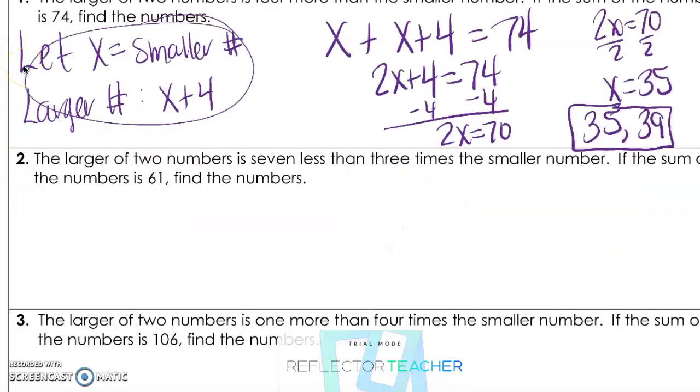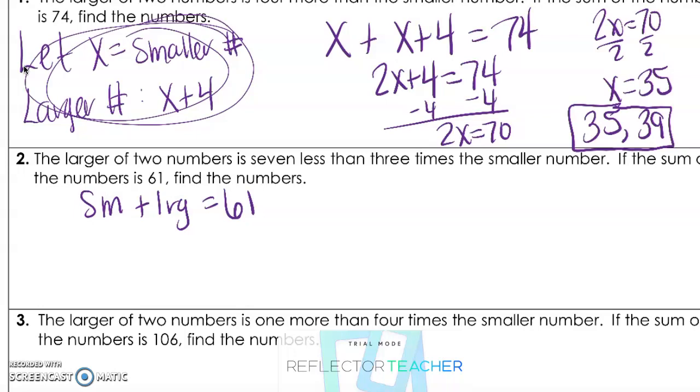For number 2, I will show you how you can write a little bit less. One thing you could do is say the small number plus the large number has to equal 61. Again, some of you won't need to do this at all, but it's just to help you.